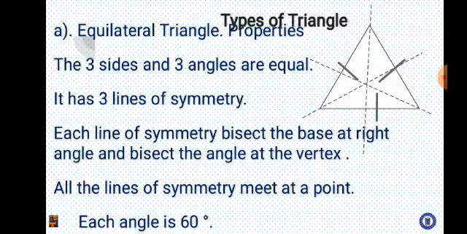As you can see it there. Each angle is 60 degrees because I told you that the sum of angles in a triangle is 180. And since the three sides are equal, when you divide 180 by 3, each angle is 60 degrees.